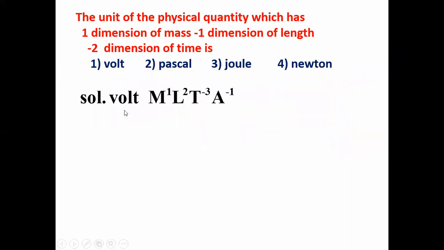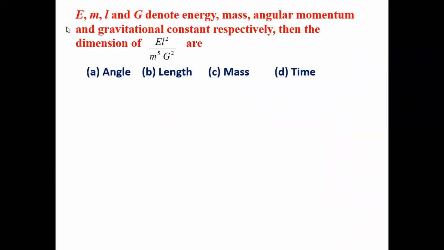Next. We have E, M, L, and G denoting energy, mass, angular momentum, and gravitational constant respectively. The dimensions of E L square divided by M^5 G^2.